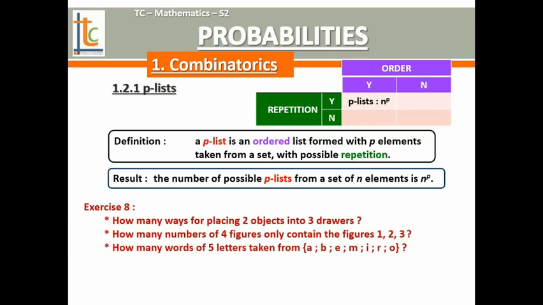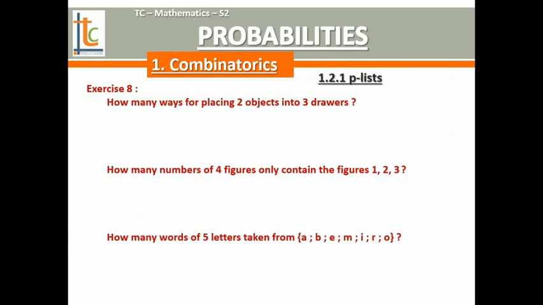And then let's perform 3 examples talking about p-lists. In the next slide, we've got to develop examples. Okay, how many ways for placing 2 objects into 3 drawers? If you want to place 2 objects into 3 drawers, you have to take at random 1 drawer for the first object and 1 other for the second one.